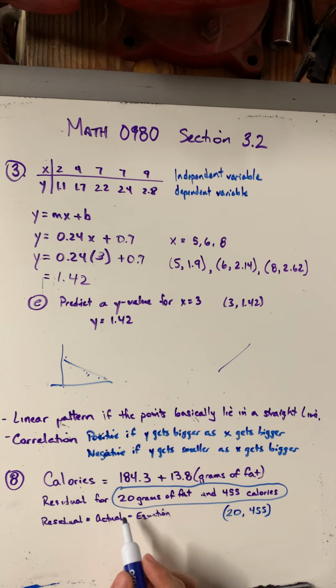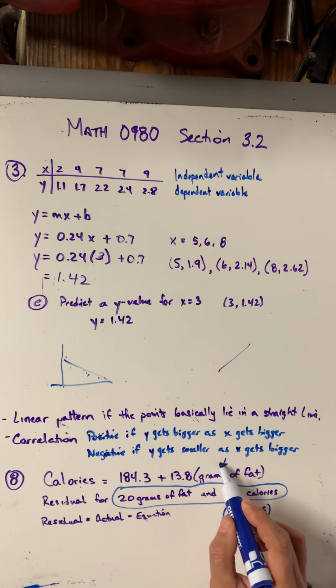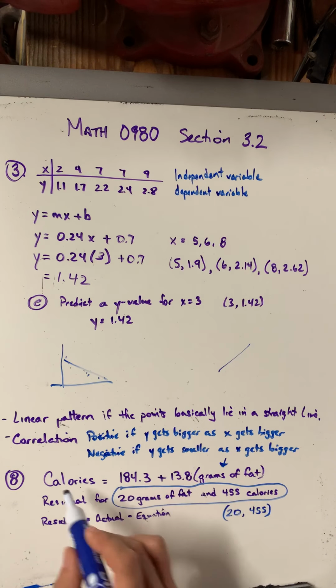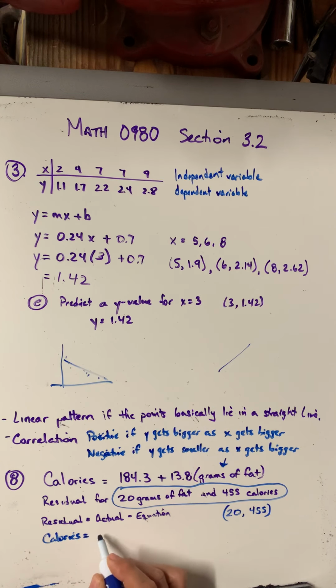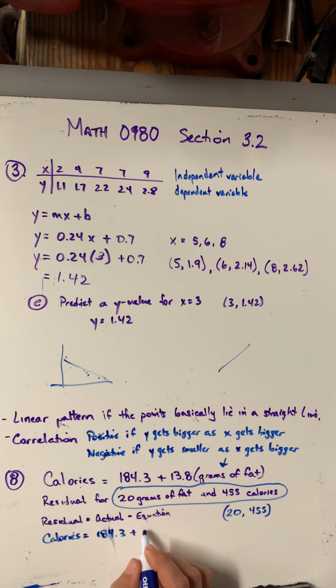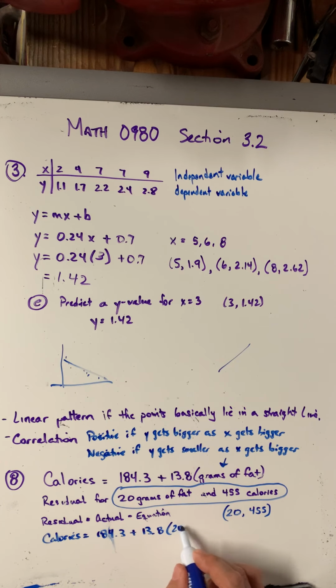But then what they want you to do is take that 20 grams and put it into the equation to see what the equation would have predicted. So in other words, it would be calories equals 184.3 plus 13.8 times 20.